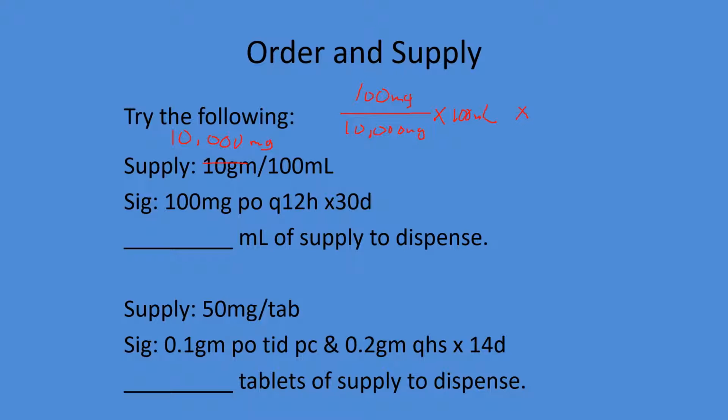How many times a day? Every 12 hours. How many times a day? Twice. Now for 30 days. And you're done. You can just do this all in one computation. So do 100 divided by 10,000 times 100 times 2 times 30.